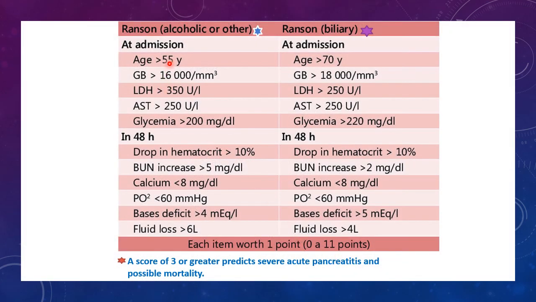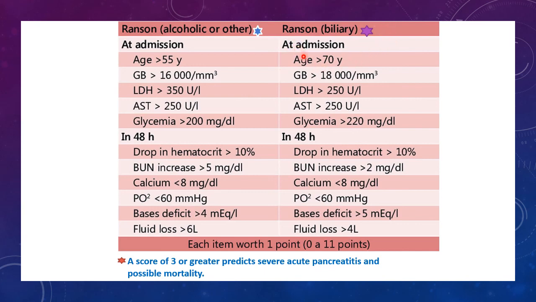The Ransom's criteria is another important grading system that's been used to determine the severity of pancreatitis. One is tailored for alcoholic or non-gallstone pancreatitis. The other one is tailored for gallstone pancreatitis, which is more common.